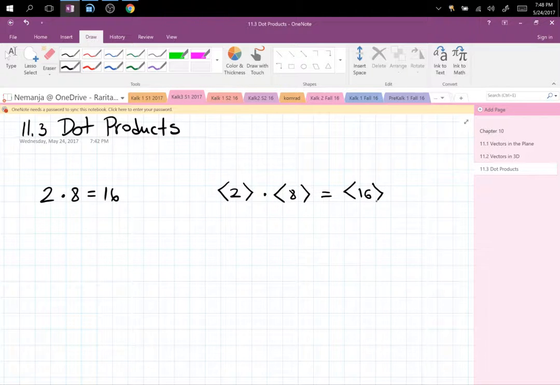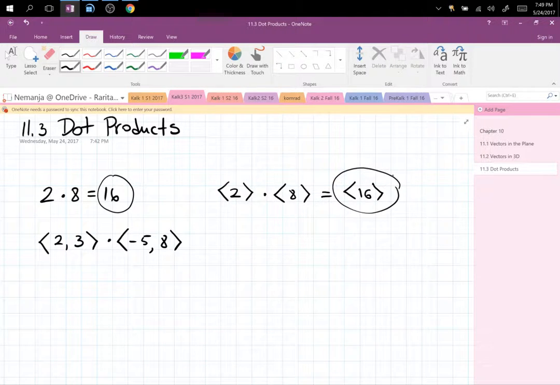These one-dimensional vectors have no direction. They do have magnitude. So 2 times 8 is 16, and that's all we have. But now we can also look into, let's say, (2, 3) dotted with (-5, 8), which is a two-dimensional vector times another two-dimensional vector. It's important to understand that the answer over here was a scalar quantity, meaning it's just a number.